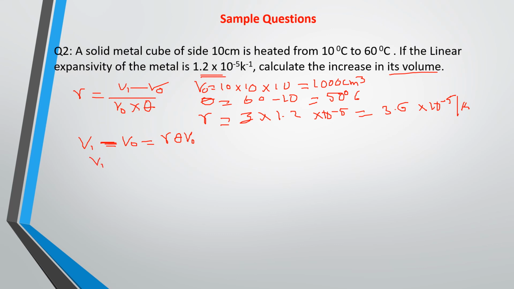So your final volume will be equal to VO bracket 1 plus cubic expansivity times change in temperature. So put your initial volume, 1000 bracket 1 plus 3.6 times 10 to the power minus 5 multiplied by 50.